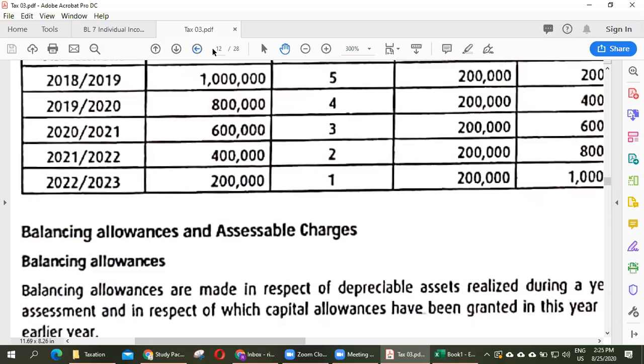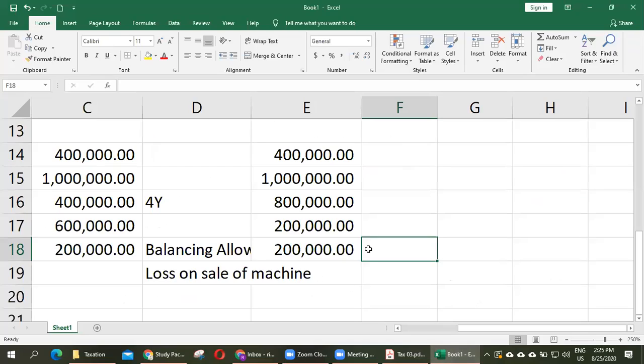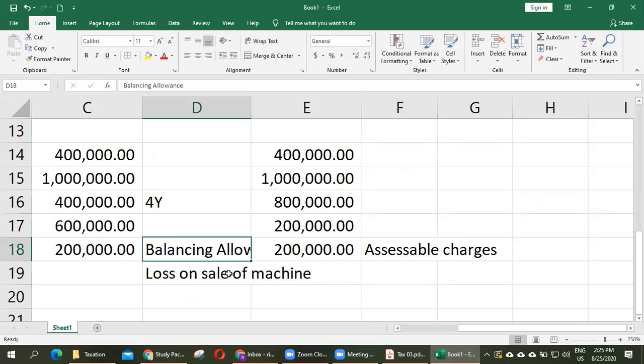Right. In case of profit, it is called as assessable charges. In case of loss, we call it balancing allowance.